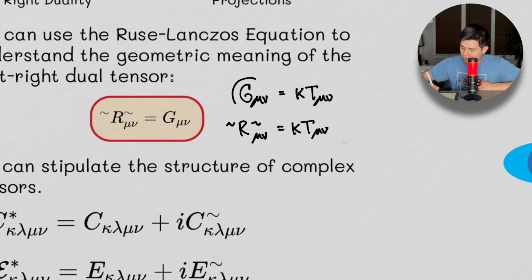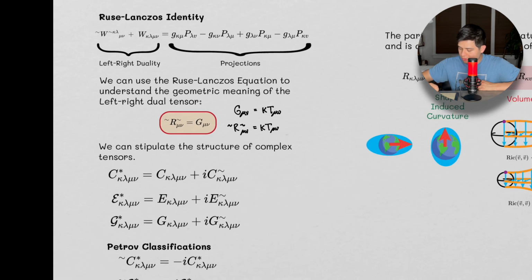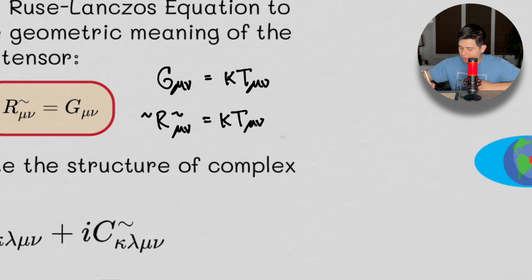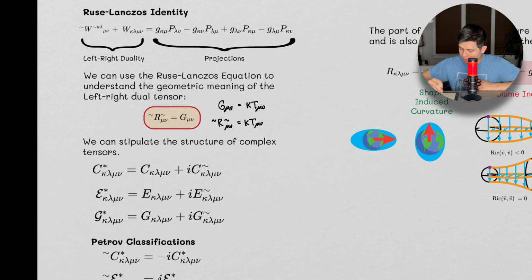Right, so right off the bat, you can see here that there is a very interesting relationship. There's an operation you can do on the Ricci tensor that gives you the stress energy momentum tensor, and in our case now, the stress energy momentum electromagnetic tensor, which is this guy.